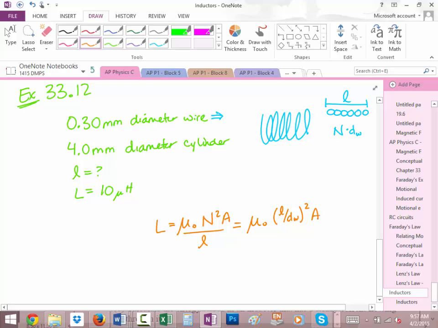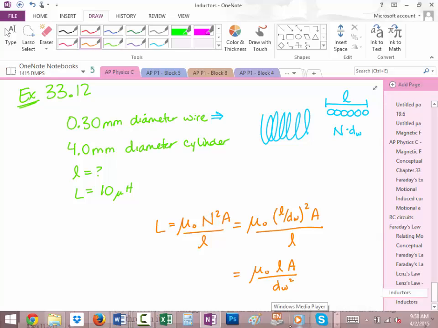Then with A over L, one of those L's cancels, doesn't it? So mu naught l A over the diameter of the wire squared. Is that okay?